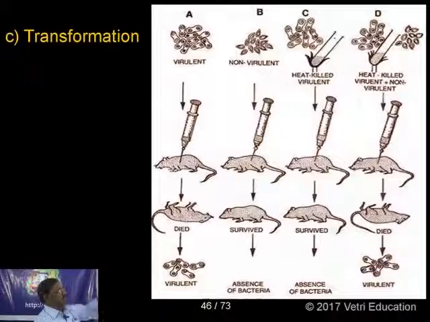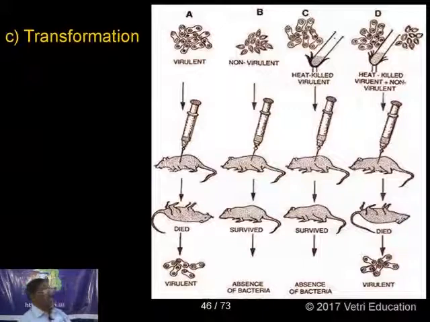They are killing the virulent bacteria because they cause disease, but it is heated and then injected into mice. Mice survived. So no effect, though it is virulent, because of the heat killing. And then in the blood, absence of bacteria. No bacteria is found.